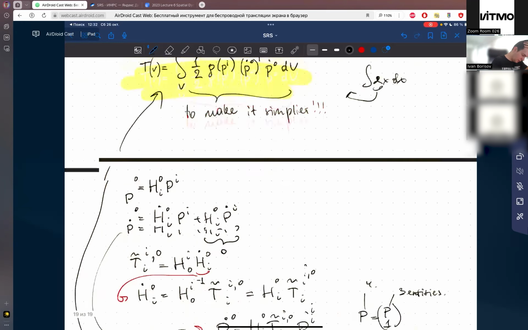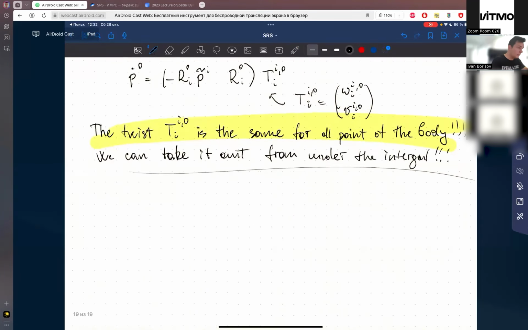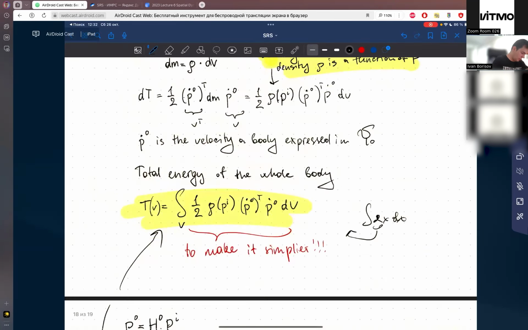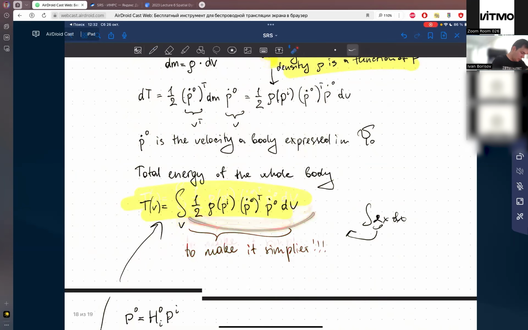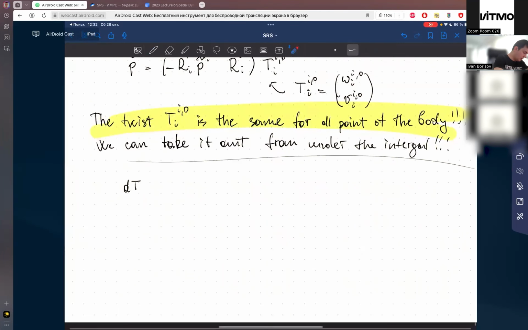So let me rewrite this stuff that we already derived before, the part under the integral.